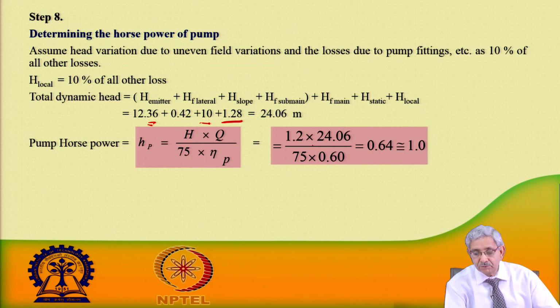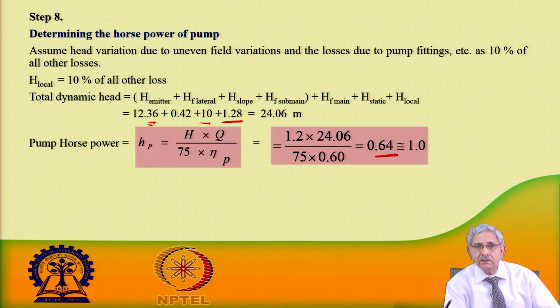So, 1.2 is the discharge, and 24.06 is the head, divided by 75 into pump efficiency, which is assumed as 60%. So, we get the horsepower requirement as 0.64.